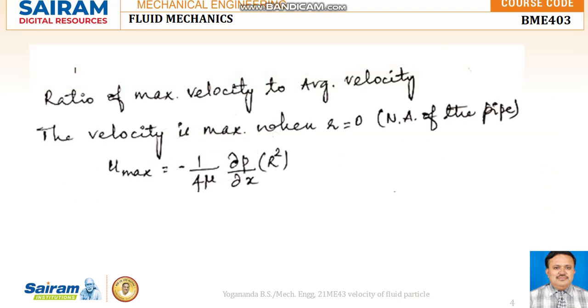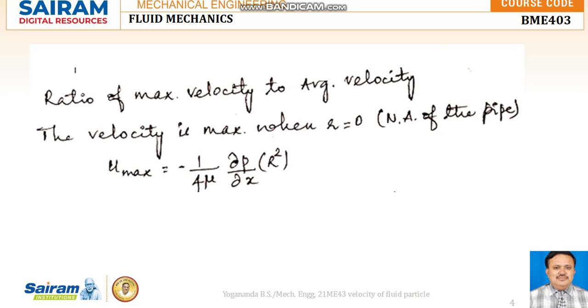Now we are deriving the expressions to show that the ratio of maximum velocity to average velocity is 2. To prove this, we first find the maximum velocity equation.